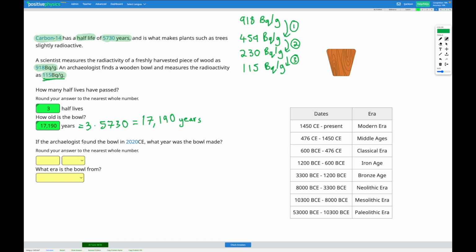Lastly, we're told the archaeologists found the bowl in 2020 CE, and our goal is to figure out what year was the bowl made. So to figure that out, we're going to take the year it was found, which is 2020, and we're going to subtract the age that it is, which is 17,190.